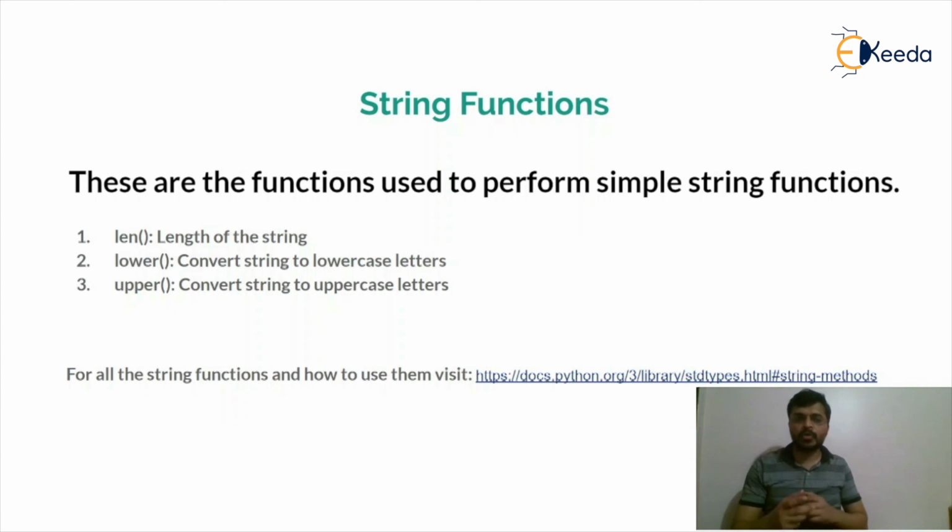Now let's see how to use these three functions on a string. So let's see how to use the length function. The function name, which is length, then a string, let's say hello, in closing parenthesis. See, it shows us there are 5 characters. This is the length of the word hello.